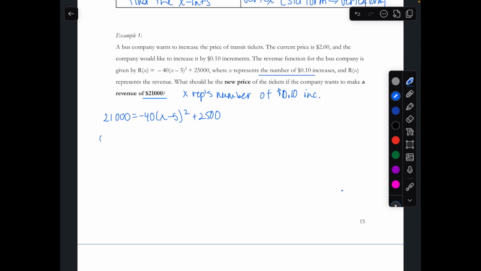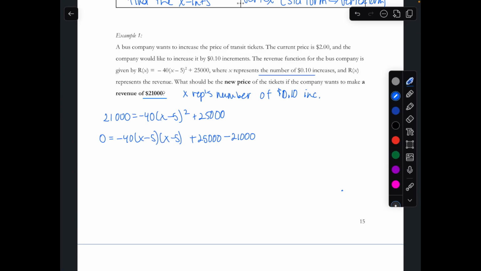Well, one thing I definitely have to do is set one side equal to 0, and that way I can use the quadratic formula, or I can maybe use the zero product property. We'll see. I'm missing a 0 here: 25,000 minus 21,000. And I've actually given an extra power of 2 here.